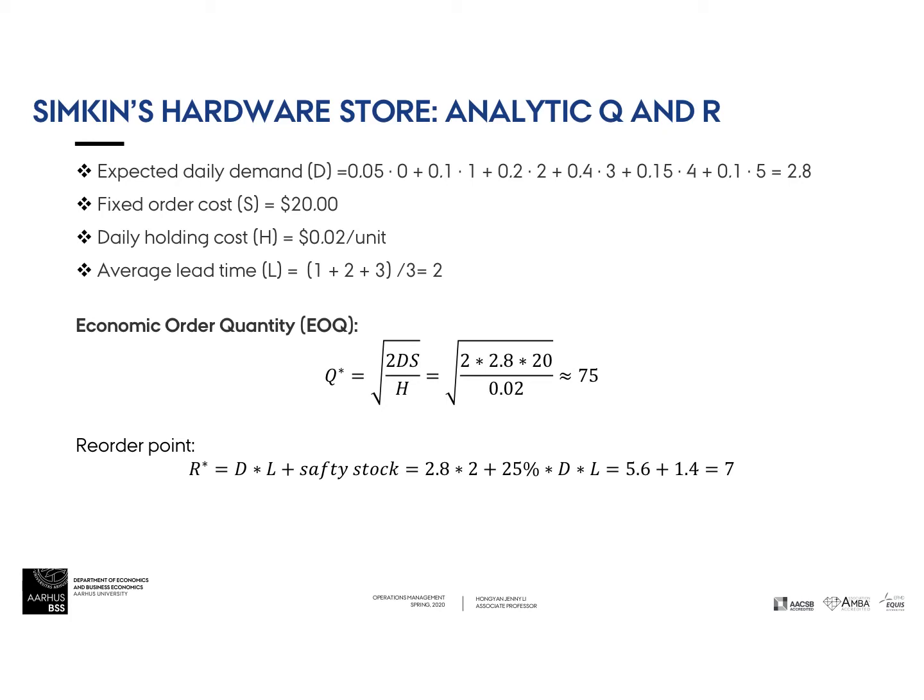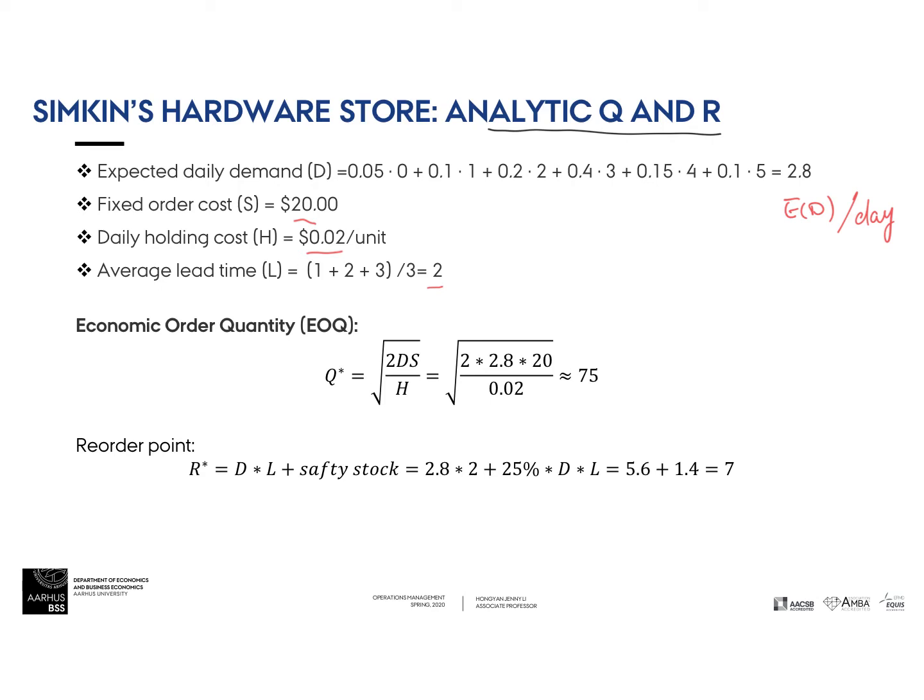Now we first try to find out the analytical Q and R. The idea is you need to find the expected daily demand, so this is the expected demand per day, and then you calculate the fixed order cost, which is given, and the daily holding cost, and the average lead time is 2 days.